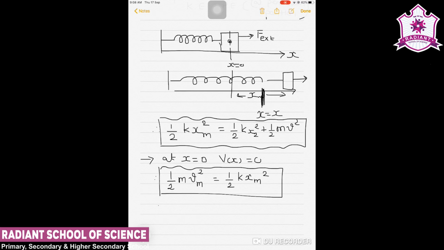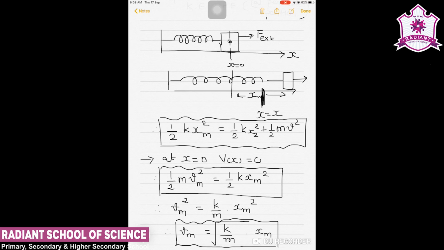For that condition we can have maximum speed also, that is Vm square is given by k by m into xm square, and therefore if we make V the subject, Vm will be square root of k by m into xm. So this will be the maximum speed of the spring when it passes through the center.